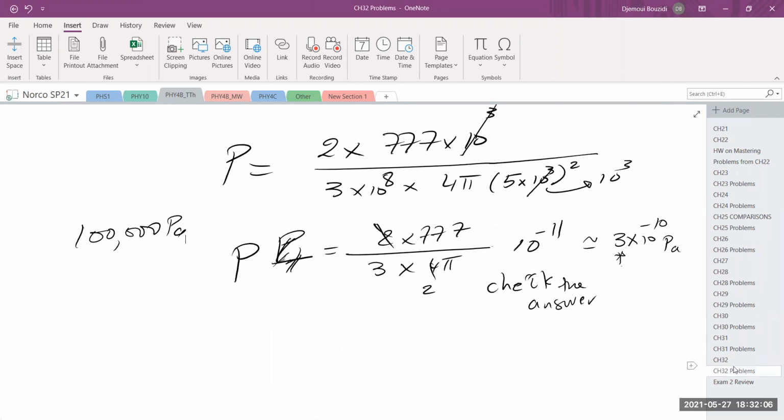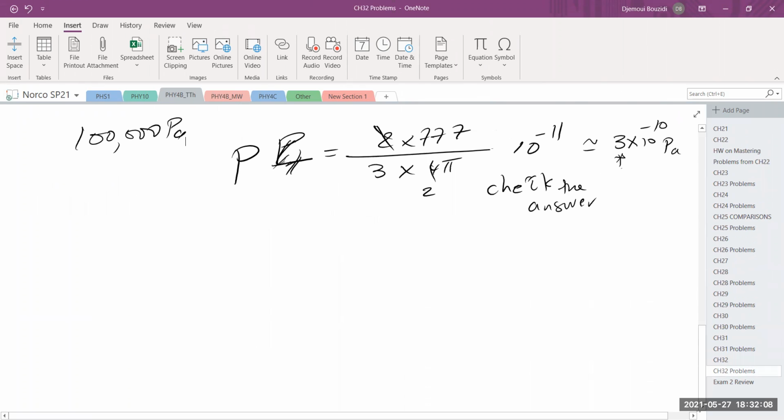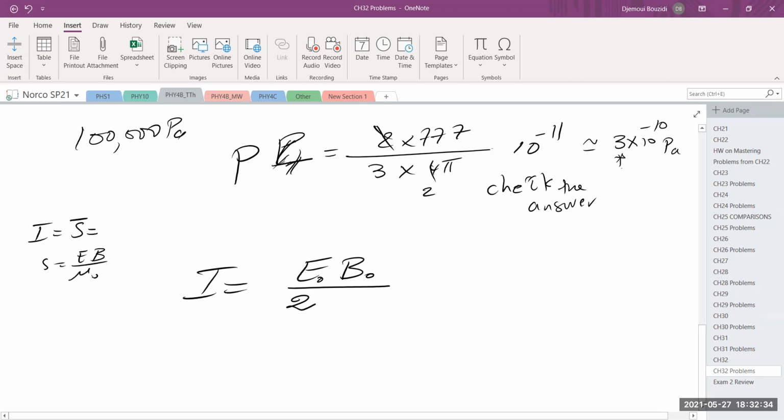So I can go back in here. Normally S by itself is EB divided by mu naught, since they are perpendicular to one another.